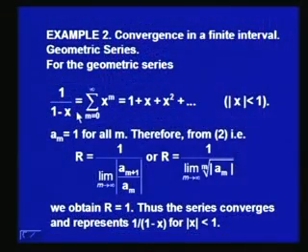For the geometric series 1 over 1 minus x, which can be expressed as 1 plus x plus x square and so on, the interval of convergence is given by mod of x less than 1, that is the open interval minus 1 to 1, because here a(m) is equal to 1 for all values of m, and therefore, if you apply the formula r equal to 1 over limit m tends to infinity mod of a(m+1) over a(m), or r equal to 1 over limit m tends to infinity mth root of mod of a(m), you find that r is equal to 1, and therefore, the series converges for all values of x in the interval minus 1 to 1 and represents the function 1 over 1 minus x.